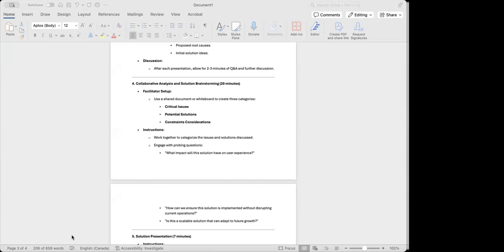Once it's redesigned, what impact would the solution have on user experience? The system will be more user friendly, a positive user experience that's going to attract more users.